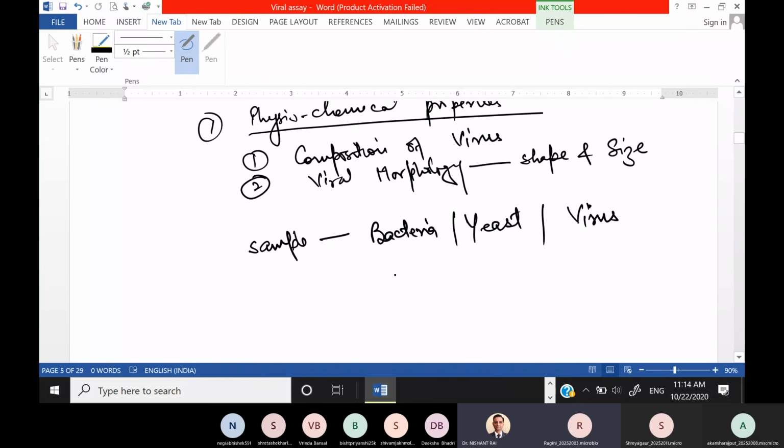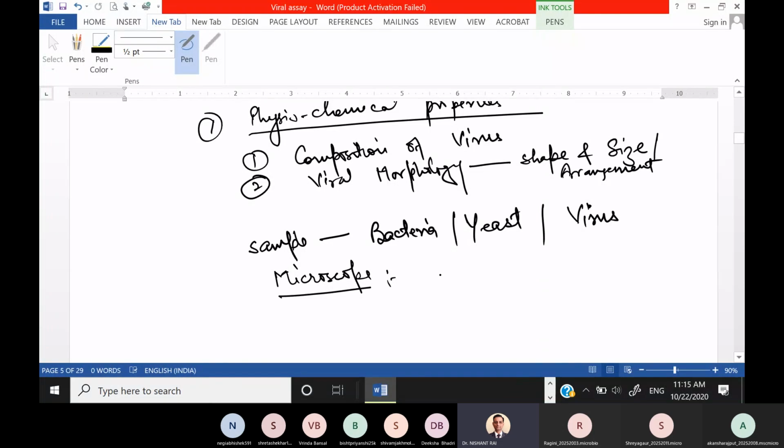So microscope, through microscope, absolutely. We can use a microscope, and since we know the size of a microorganism, we will identify these organisms on the basis of their size, shape, as well as arrangement. So shape, size, and arrangement.